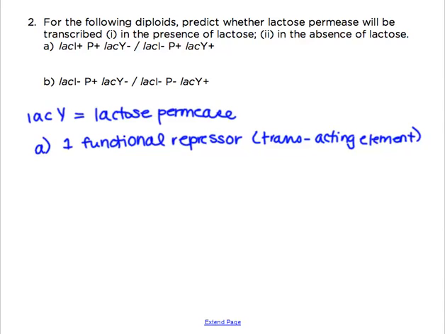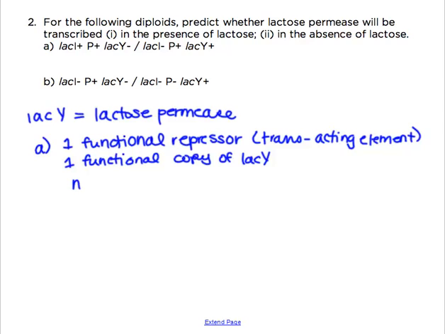And then you do have one functional copy of lacY. Okay, so even though the functional copy of lacY and the functional copy of the repressor protein are on different copies of the operon, because the repressor is a trans-acting element, it's going to make up for the mutated repressor protein on the second copy, and this will respond normally, okay?